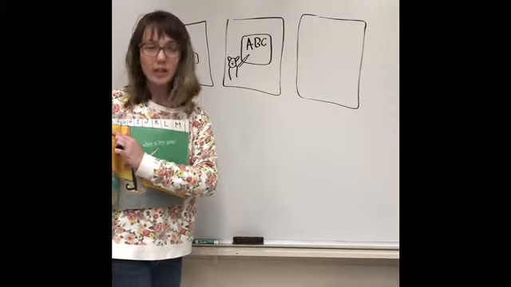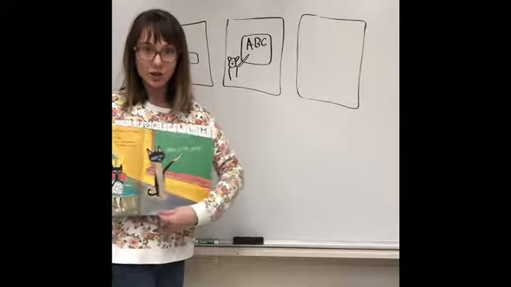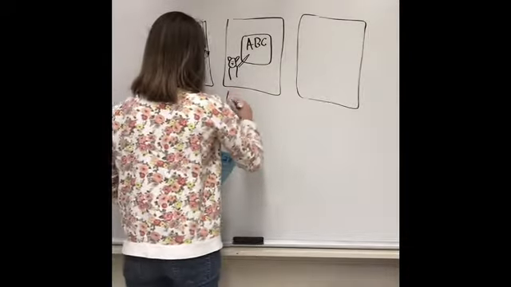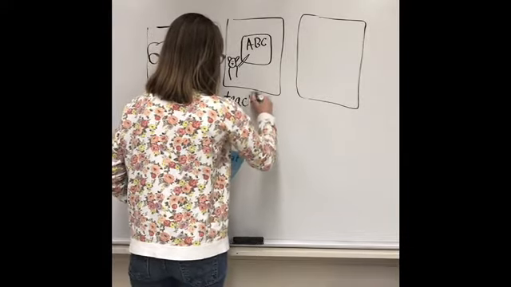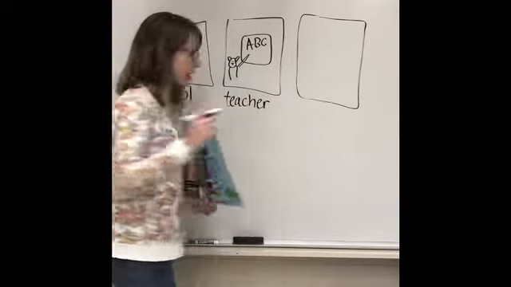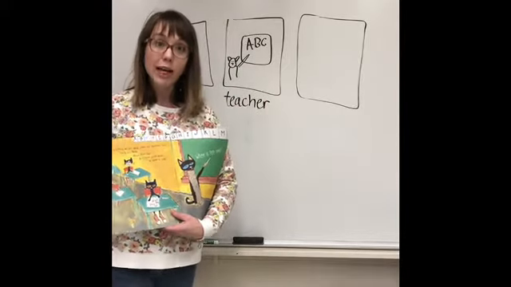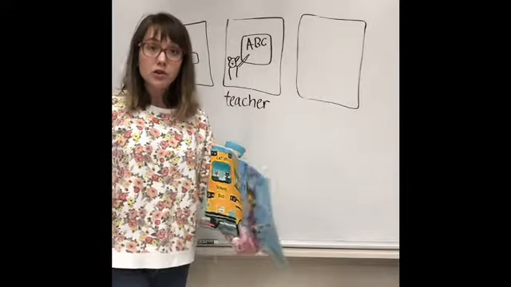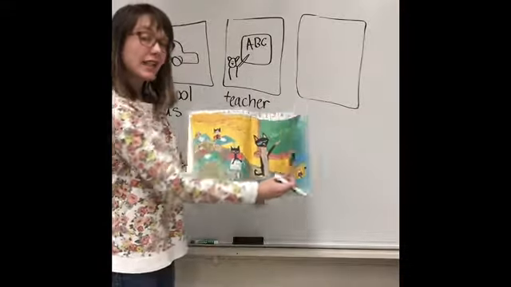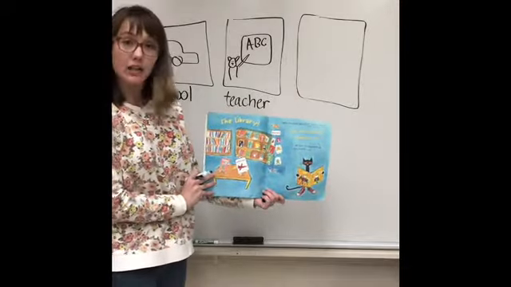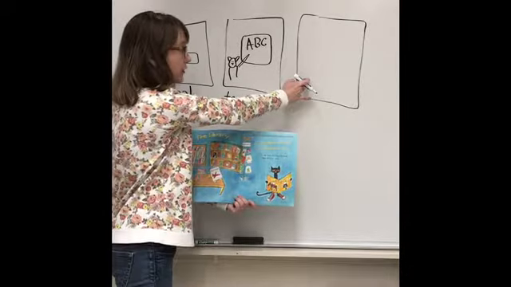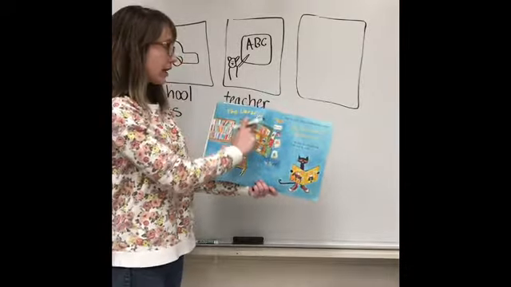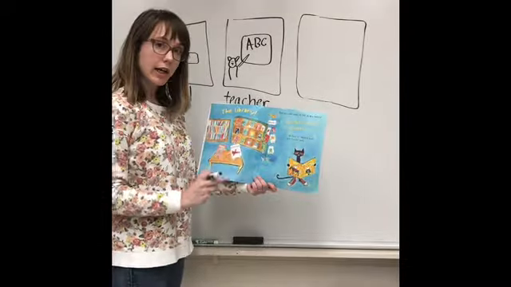And the word here is teacher because he's with his teacher in this picture. And it's great to help your child point out that word in the text and then copy it down onto a paper or onto their drawing. The next detail from the text is he's now in the library. So I would draw a picture of the library here and then write that word down underneath the square.